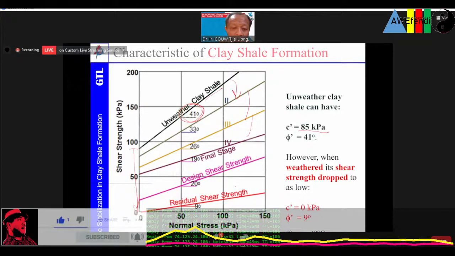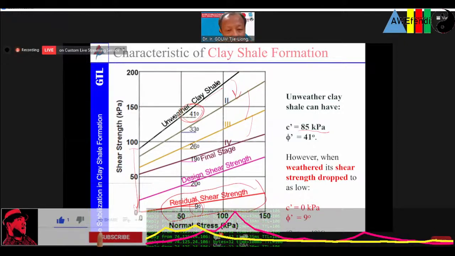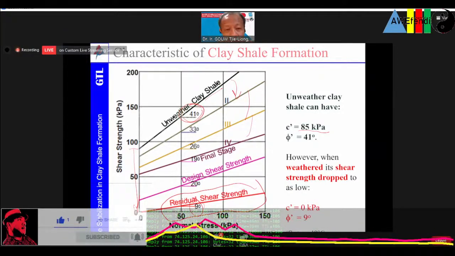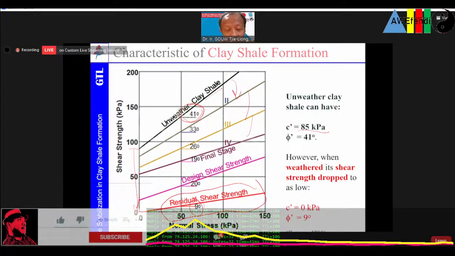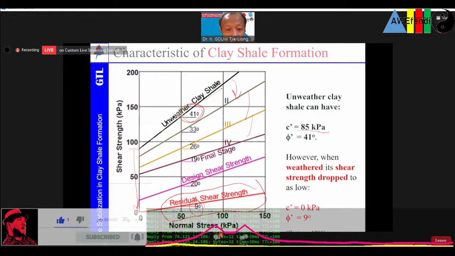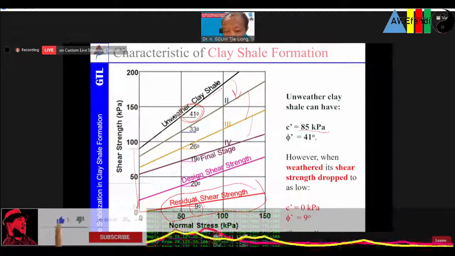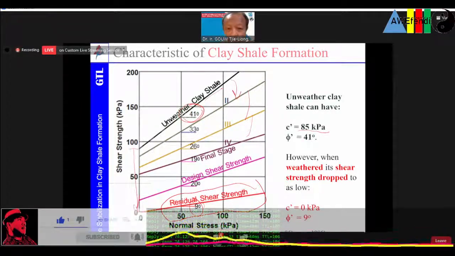That means if we excavate, the slope will eventually flatten to just 9 degrees, and slope failure will of course take place. This clay shale formation in Indonesia is quite problematic. Many areas have this kind of clay shale formation. Therefore, slope failure and slope movement take place quite often.